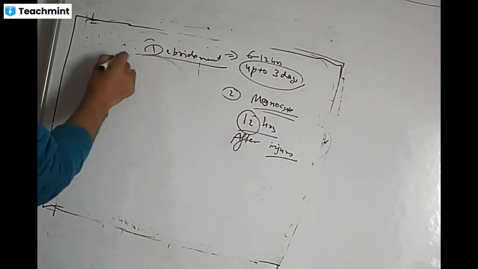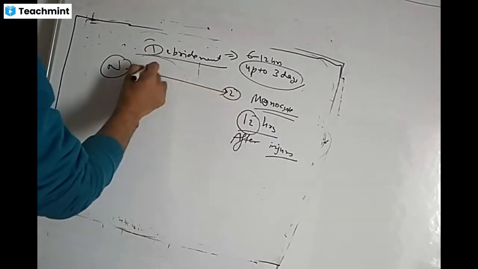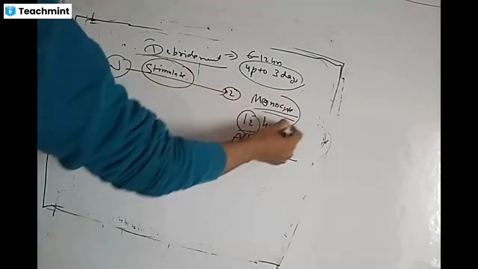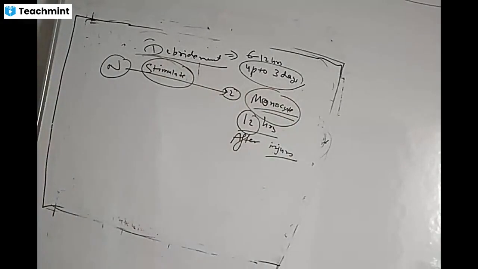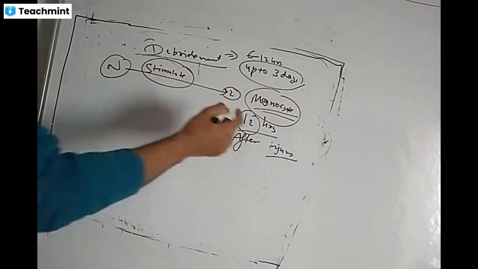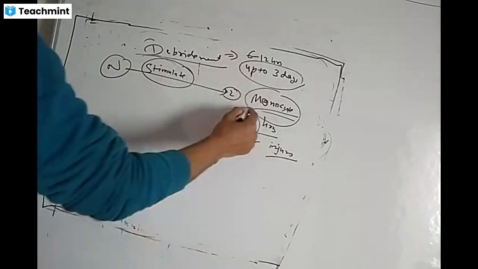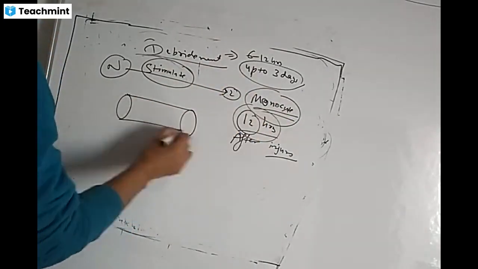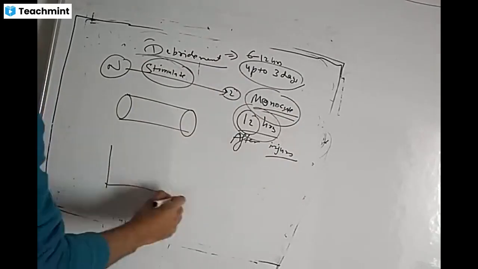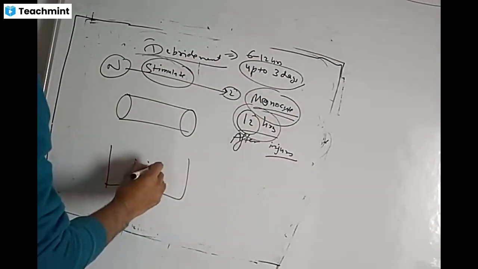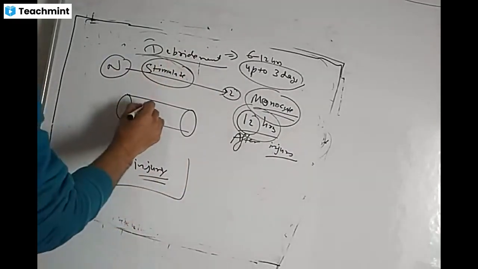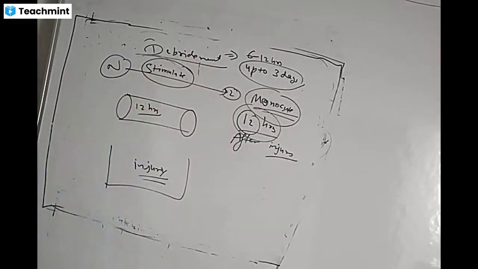and remove the debris. The second role of this neutrophil is to stimulate monocytes. These monocytes appear at the site of injury after 12 hours. Suppose this is the site of injury. After 12 hours, they come here.